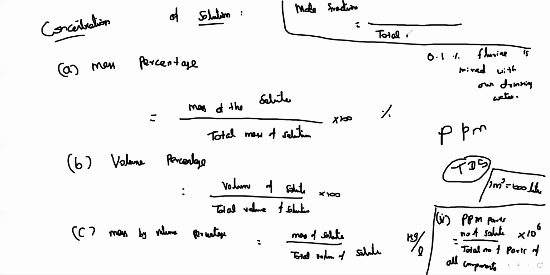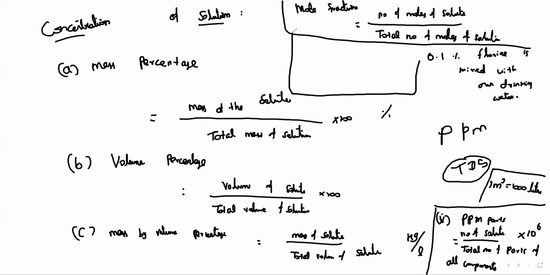For example, if we have a solution in which the solvent is, let it be A, and the solute is, let it be B, and the number of moles of solvent is Na, number of moles of solute is Nb.